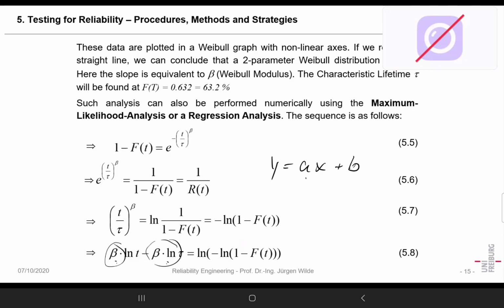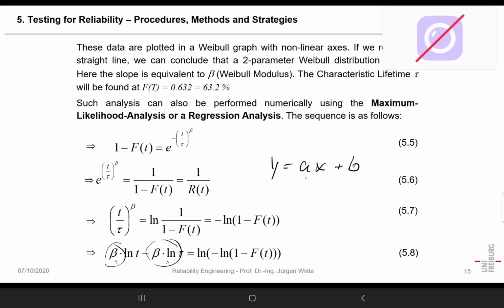And when you plot these parameters here against each other, so the ln t against logarithm minus logarithm 1 minus f, then if it is a Weibull distribution, you will find it is a straight line.